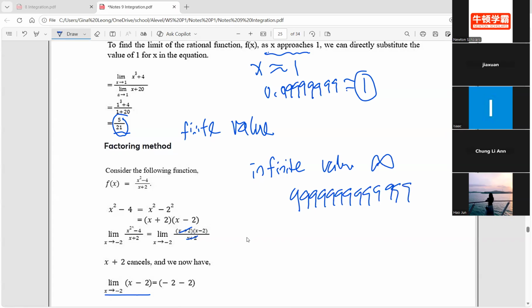So this is called infinity, a very, very big number. Or if it is 1/infinity, then it becomes a very, very small number, because it is 1/9999999, a lot. So the value is getting smaller and smaller, while this one is getting bigger and bigger.